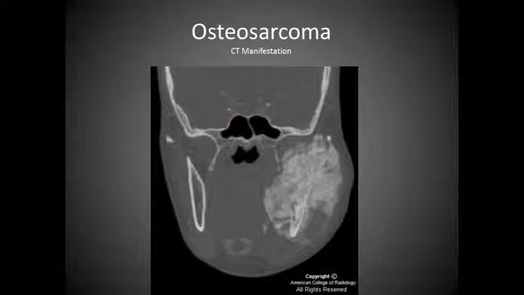Here is another one of the jaw, and as you can see, it has really kind of formed a large area. We actually have invasion inside of the mouth. We see that we have just the normal bone structure probably residing somewhere in here, but we have all this extra growth here.